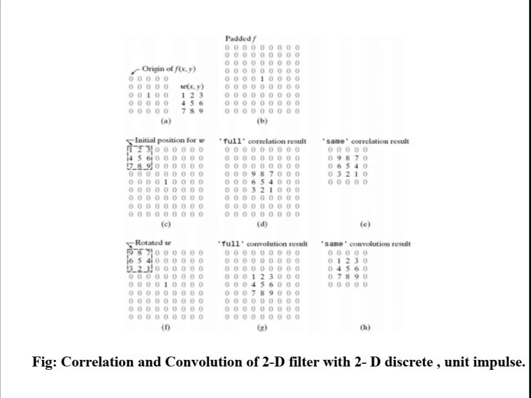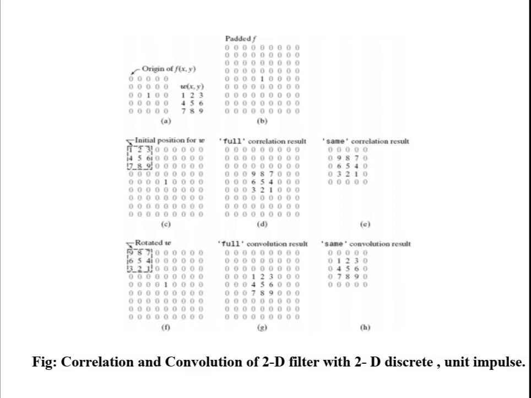For the convolution, we pre-rotate the mask as before and repeat the sliding sum of the product we just explained. Figures F through H show the result. You see again that the convolution of the function with an impulse copies the function at the location of the impulse. It should be clear that if the filter mask is symmetric, correlation and convolution yield the same result.